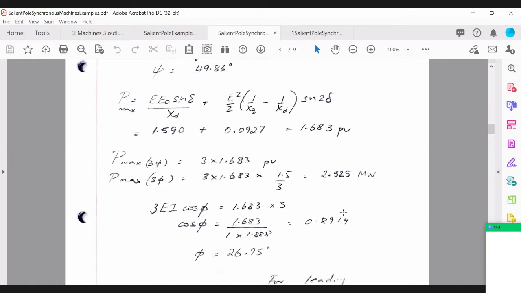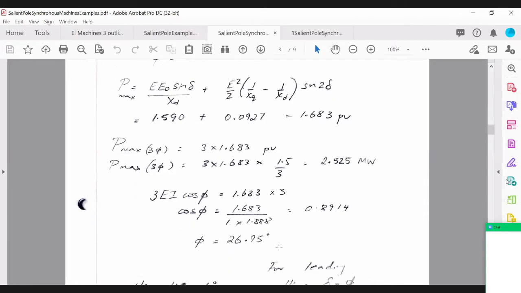From this value, which is the maximum power per phase, you can also work out the power factor. You know that your three-phase power is 3 EI cos phi, so if you multiply this by 3, you end up with your three-phase active power, and from there you can solve for phi.